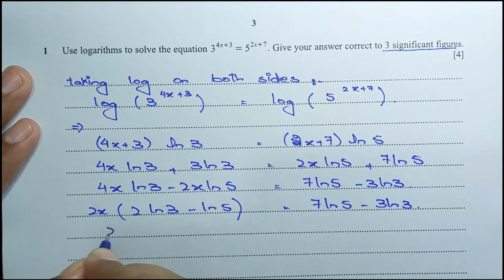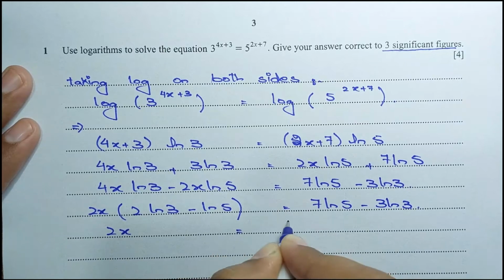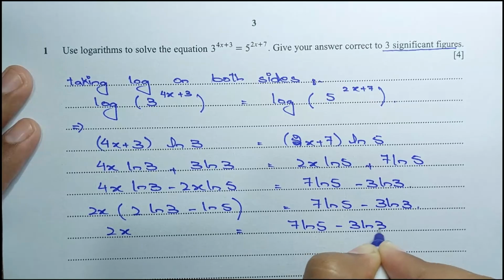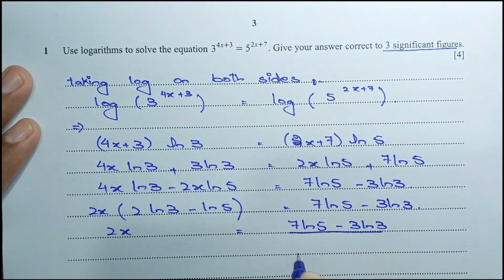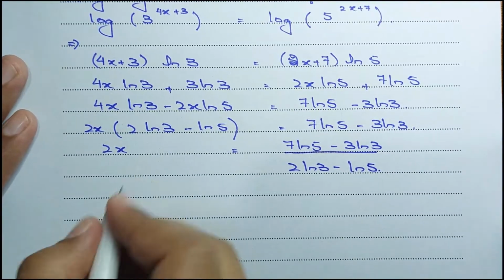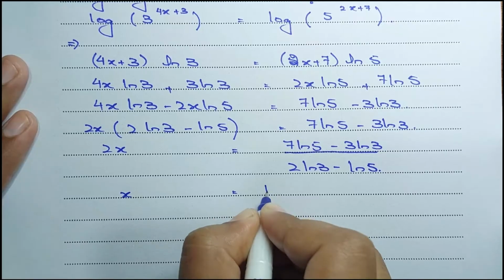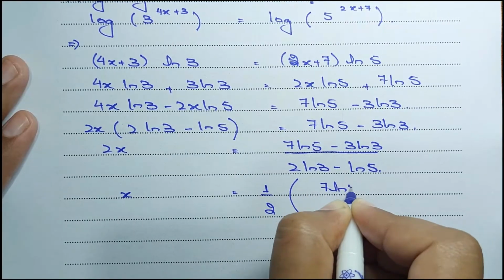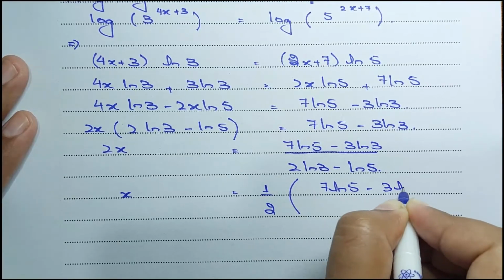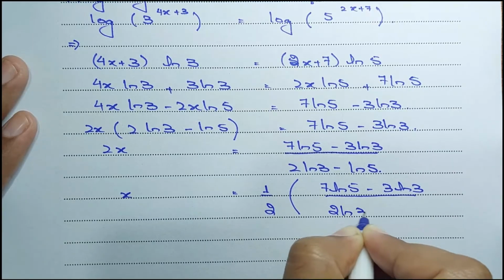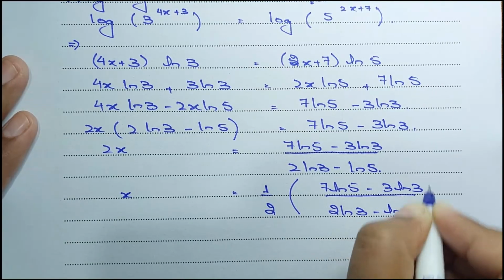Now taking 2x common, we have 2x(2 ln 3 minus ln 5) equals 7 ln 5 minus 3 ln 3. To get the value of x, we divide both sides by 2. So x equals 1/2 times (7 ln 5 minus 3 ln 3) over (2 ln 3 minus ln 5).